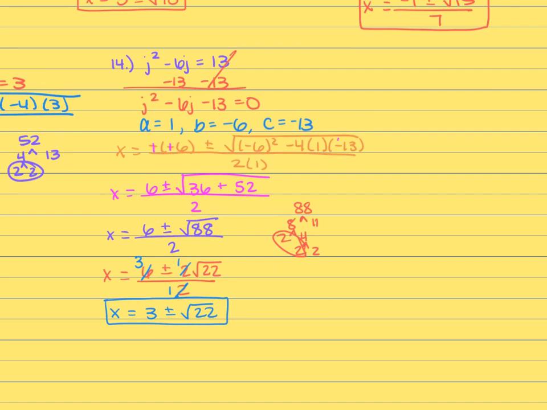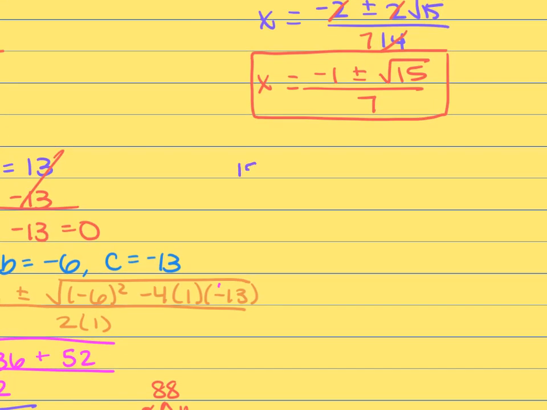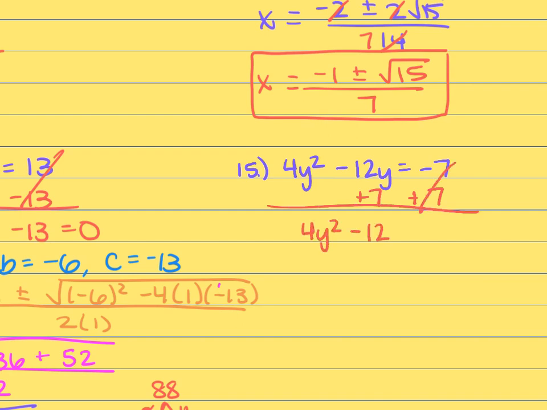For 15, we have 4y squared minus 12y is equal to negative 7. We're going to add the 7 to both sides. So that way we have 4y squared minus 12y plus 7 is equal to 0.